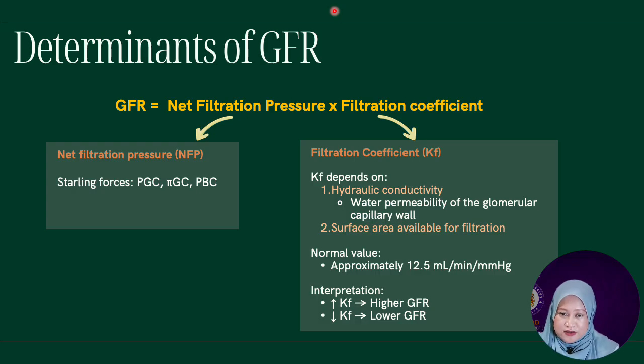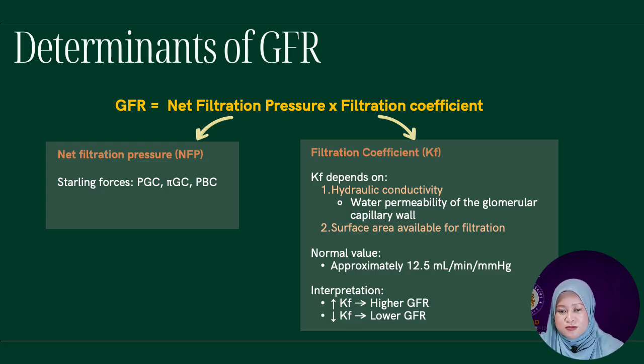So if we put it together, GFR depends on two things. First, how strong the driving pressure is, that is the net filtration pressure, and secondly, how permeable and how large the filter is, that is the filtration coefficient. Anything that changes the pressure inside the glomerulus or alters the structure of the filtration membrane will ultimately change the GFR value.